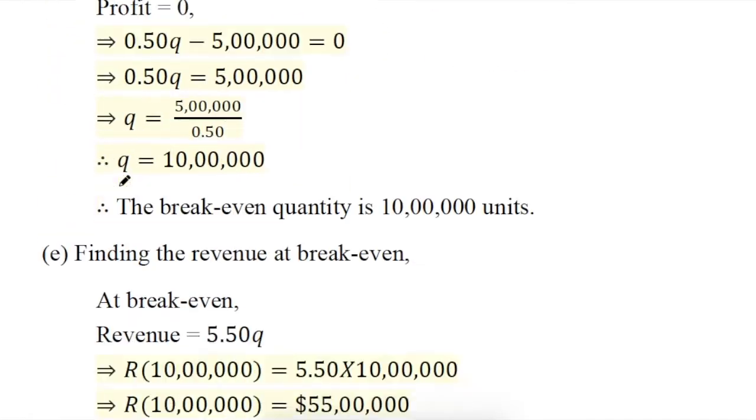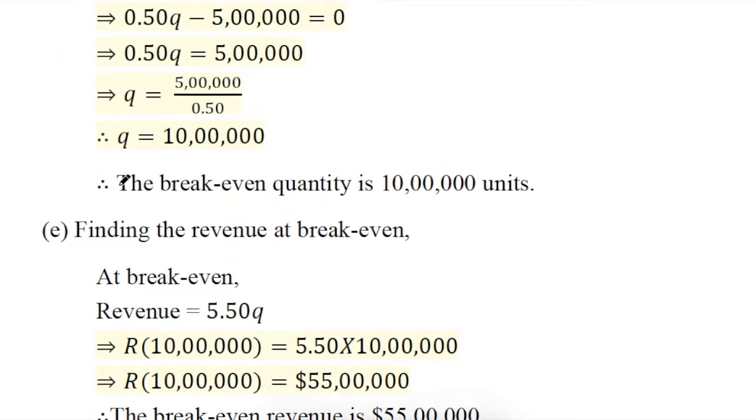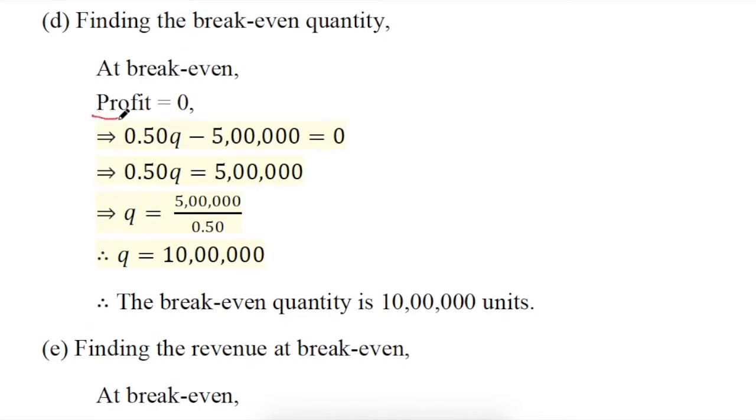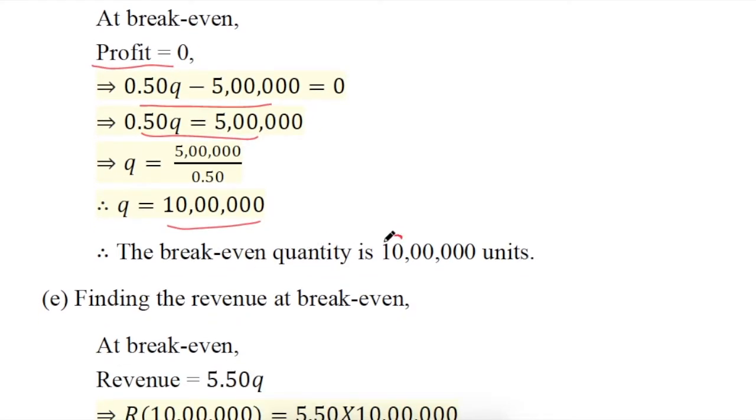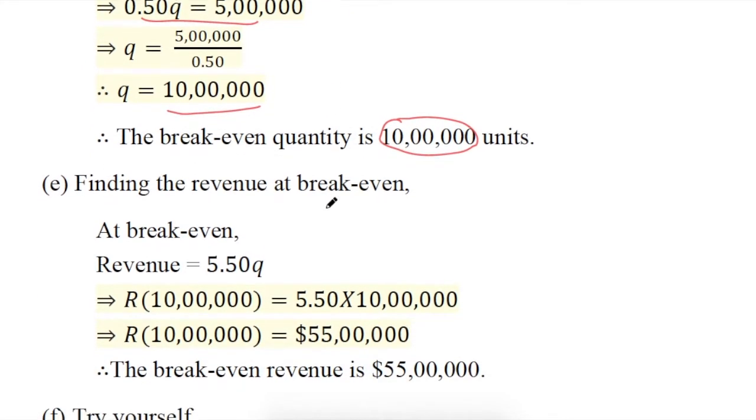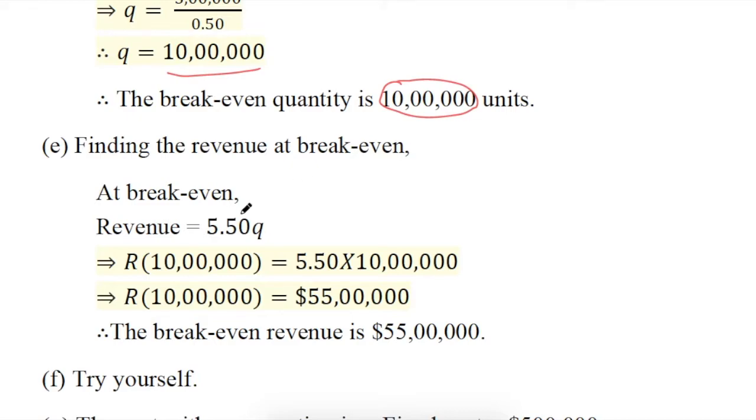For the break-even quantity we need to put profit equal to 0, and that gives us Q equal 10 lakhs. So 10 lakhs is the break-even quantity, 10 lakh units, and break-even dollar volume of sales means revenue at the break-even, which is 55 lakhs.